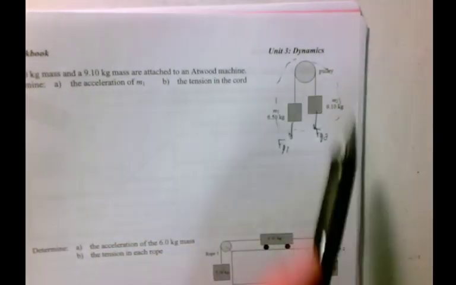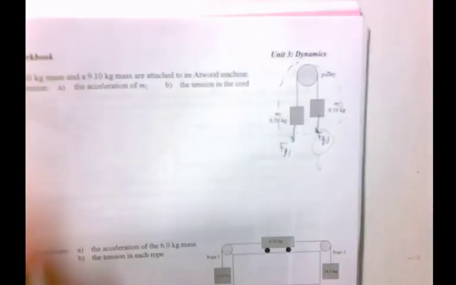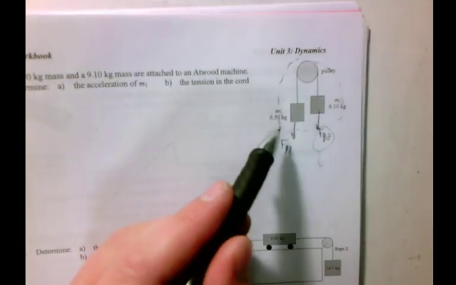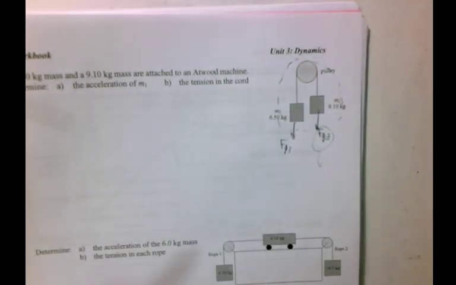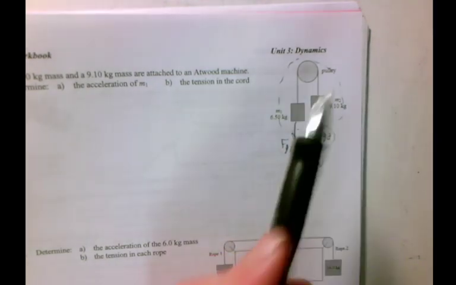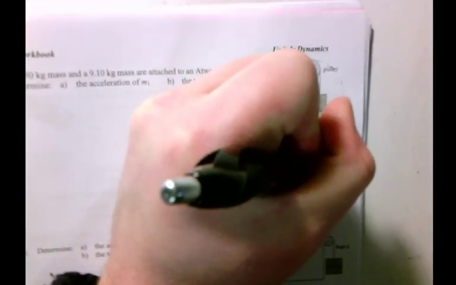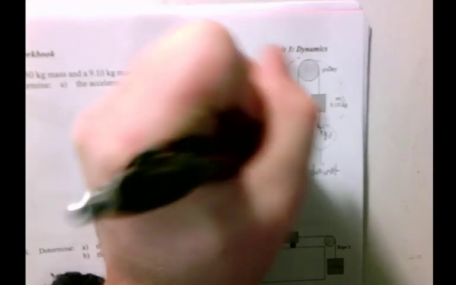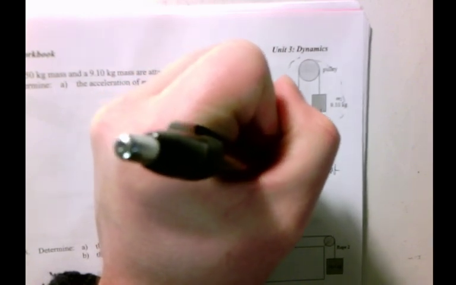We can find the acceleration of the entire system. Since this mass is bigger, we'll be accelerating right that way, and this will be our resisting force. So always determine the dominant and the resisting. Right, and you'll subtract the resisting from the dominant force, right, because they're in opposing directions.